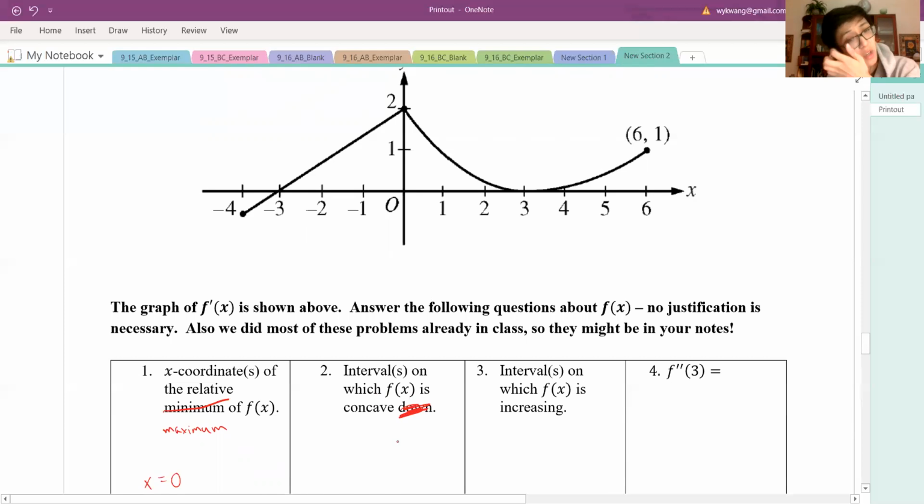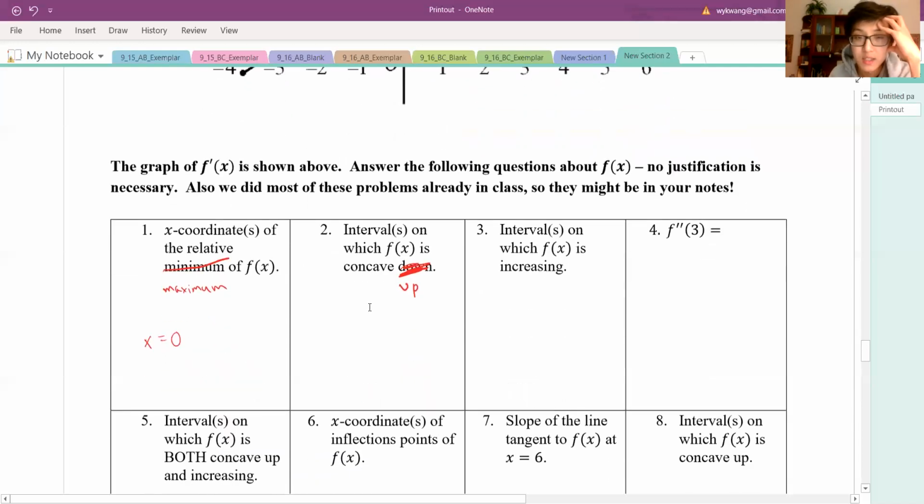But concave up is when the slopes are increasing. So we have a slope here that's highly negative, and it's still negative here, but it's less negative, and even less negative here, and now it's 0. Now it's more positive, more positive, more positive. So you can see the slopes of the tangent lines are constantly increasing.